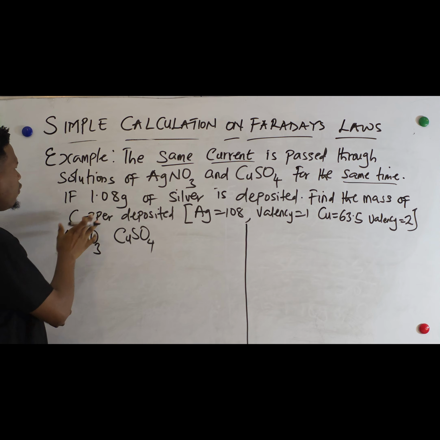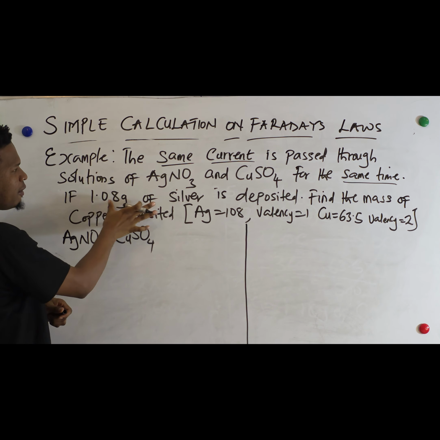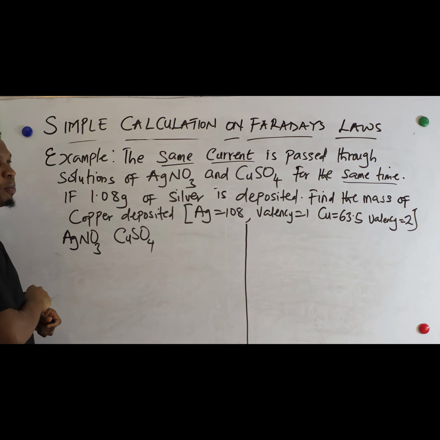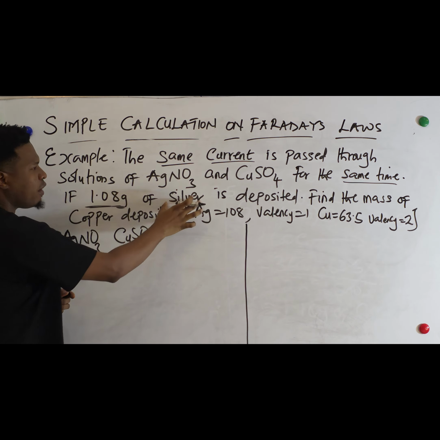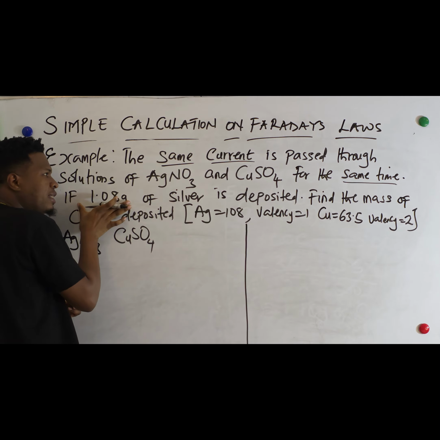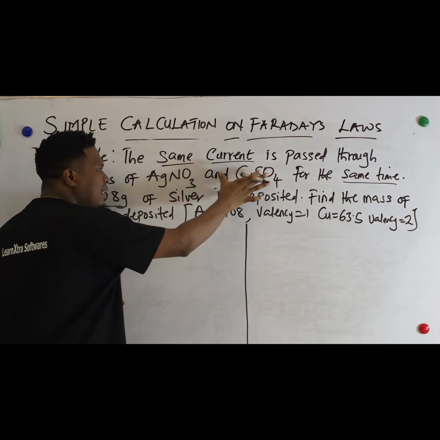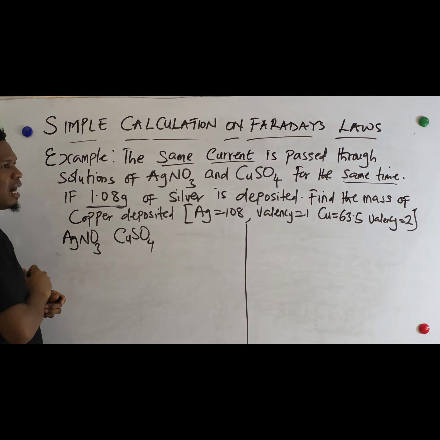If 1.08 grams of silver is deposited, find the mass of copper deposited. We are going to find the quantity of current that deposited this mass of silver, because this same quantity of current will deposit copper from copper sulfate, since they have the same current at the same time. So how do we get it?